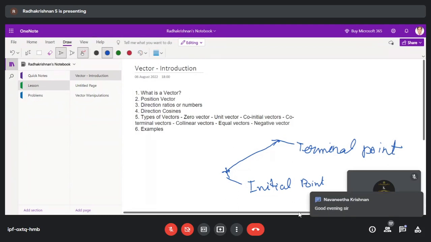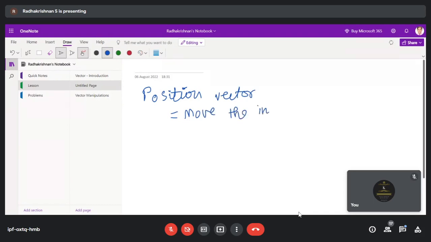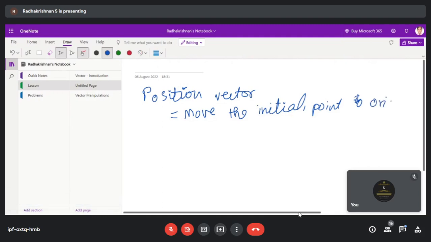So position vector, we move the initial point to origin, 0, 0, 0. Okay. Upper the terminal point.